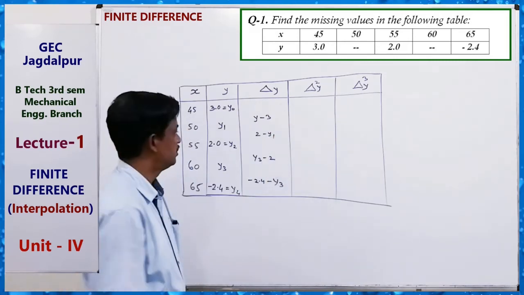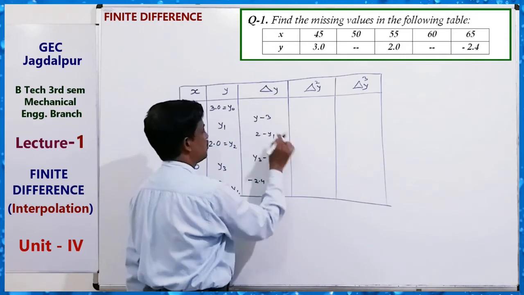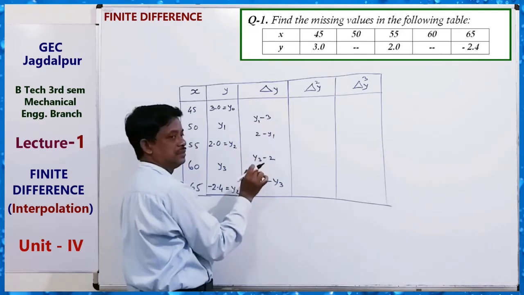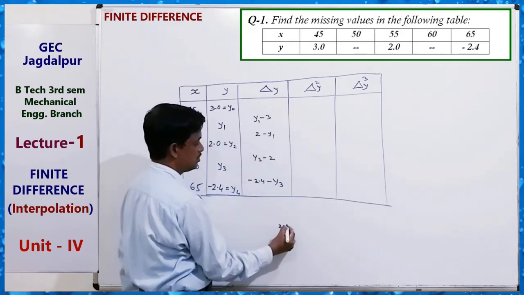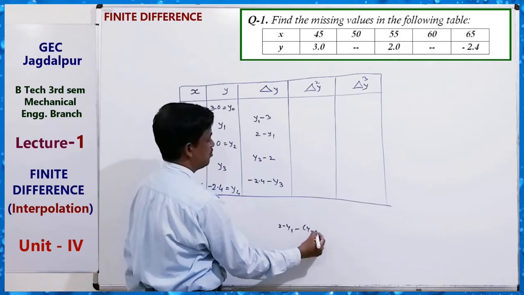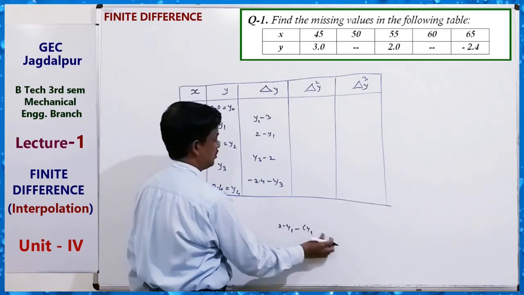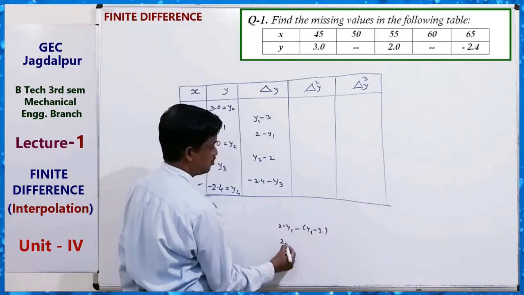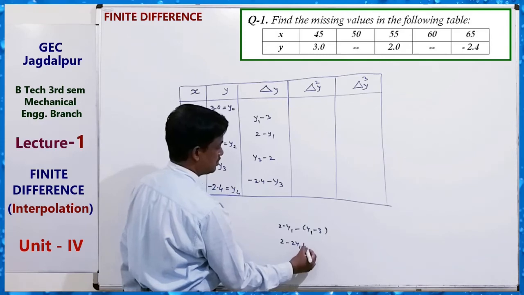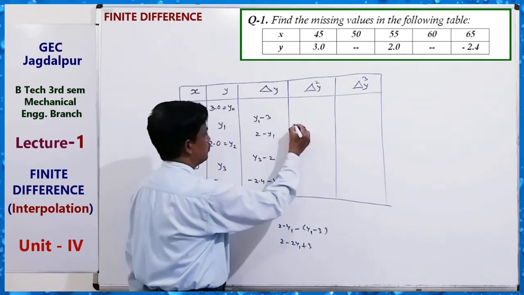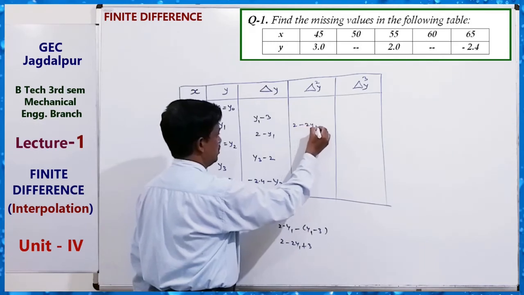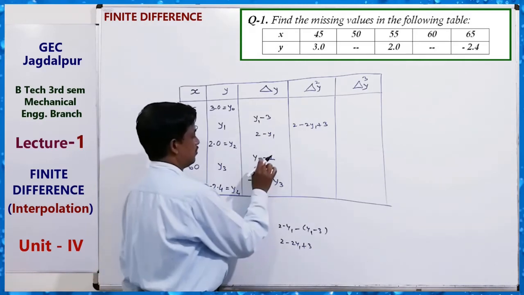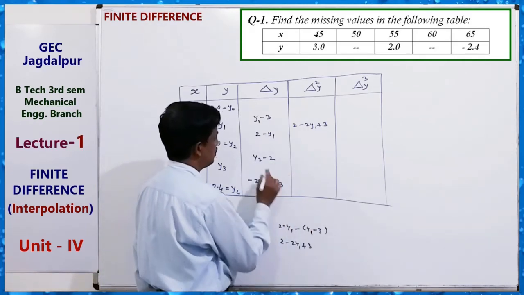And the second difference, this minus this: 2 minus y1 minus y1 minus 3, so what? 2 minus 2y1 plus 3.